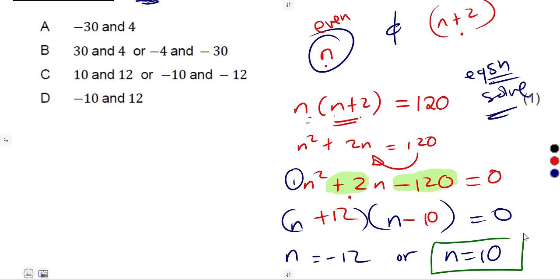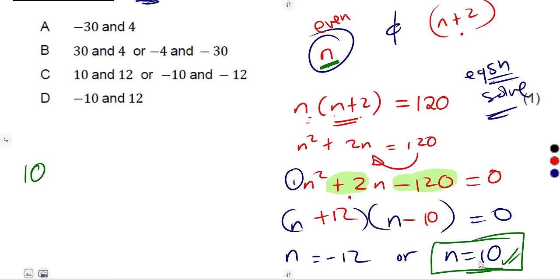Because we're saying the first one is n, let's start with the positive. If the first number is 10, as an assumption, so we have assumed that the first number is 10, and truly it is an even number.